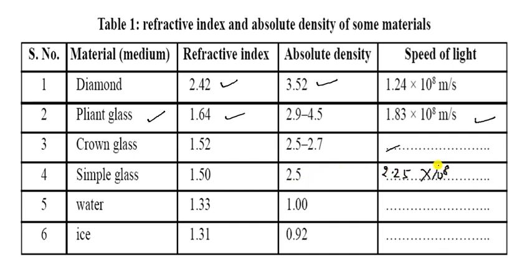Now come to the various types of refractive index, and you can see in the table the refractive index and absolute density of some materials. You can see material medium, refractive index, absolute density, and speed of light in that medium. Diamond is 2.42, the absolute density is 3.52, and the speed is 1.24 into 10 to the power 8 meter per second.